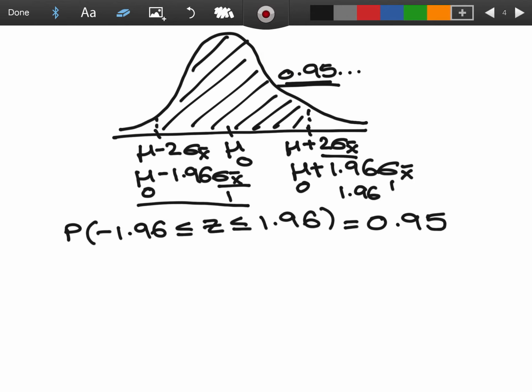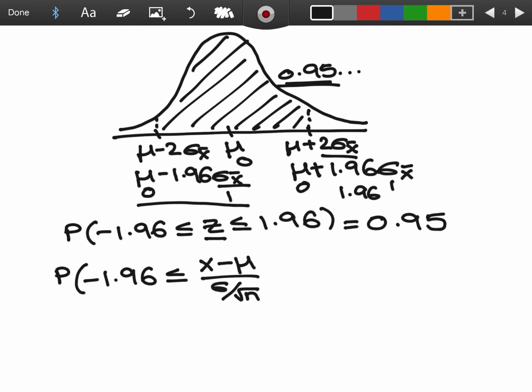Now, we're going to use a z transformation here, but I'm going to use the z transformation of my sample means. So if I do that, I know that z is x minus the mean divided by the standard deviation over the square root of n. Okay, this thing here is just the standard deviation of my sample means.